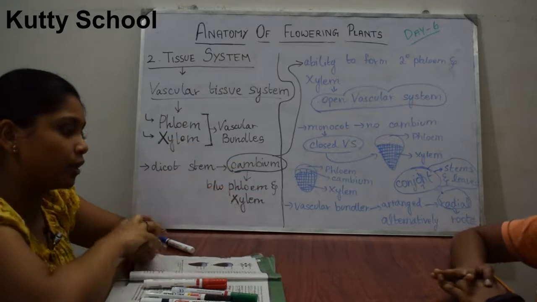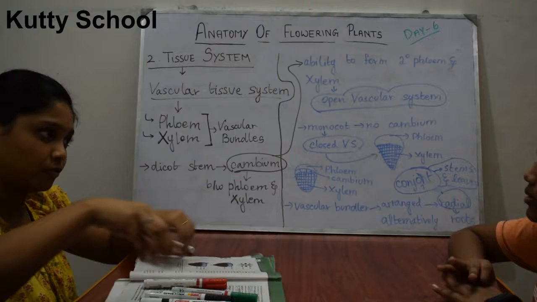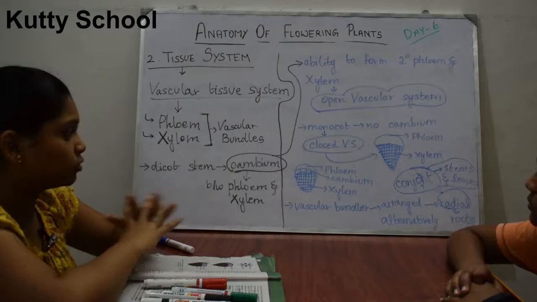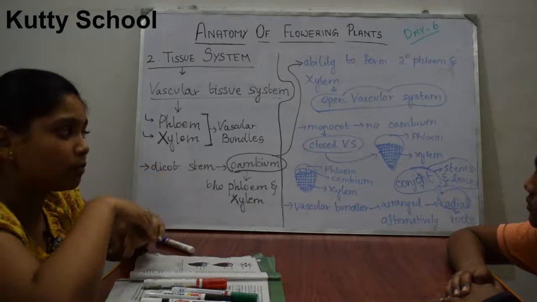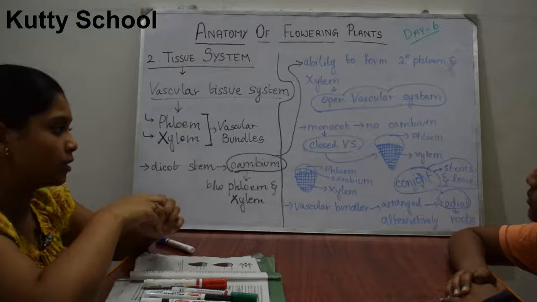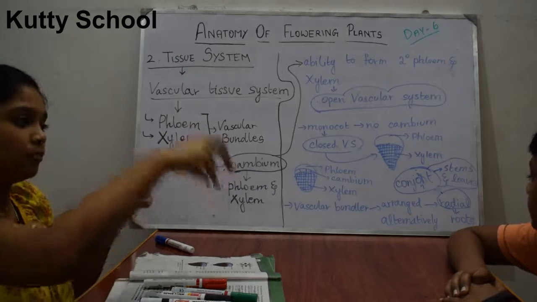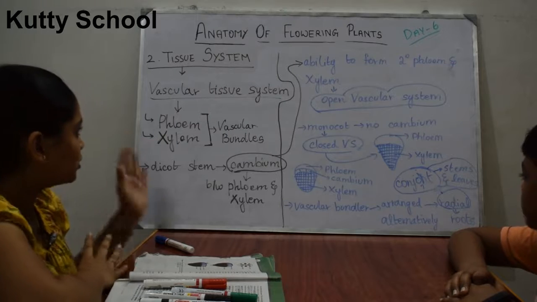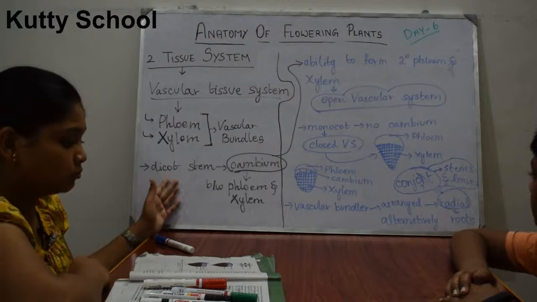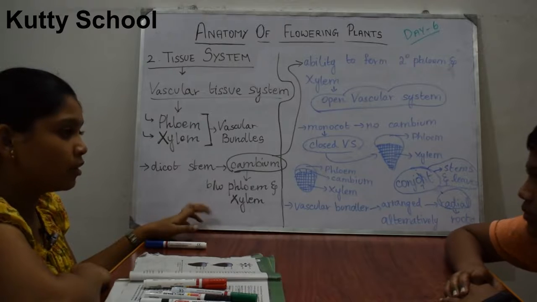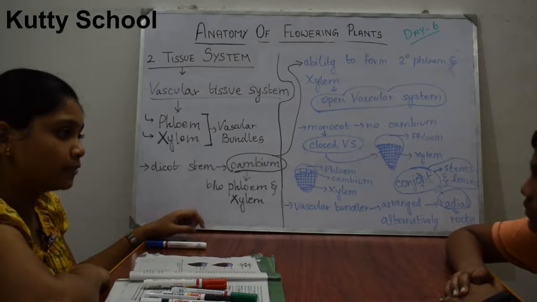This is the general structure in plant stems and leaves, known as conjoint arrangement, whereas it is radial in roots. So this is about the vascular tissue system. Next we will go to the third topic, which is the anatomy of dicot and monocot plants.